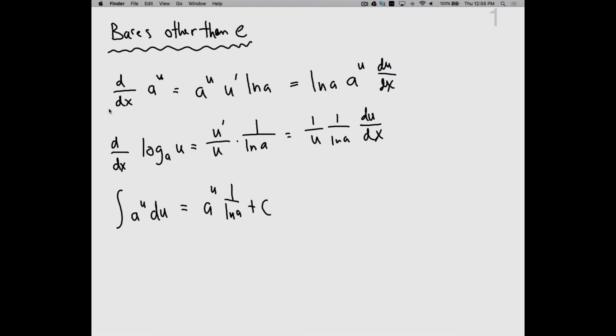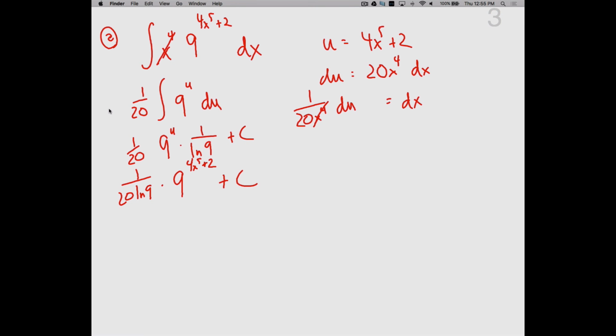Why is it not 9 over 20? Because there's 1/20 in front of the integral. Why isn't this 9 raised to the 4x to the 5th plus 2 over 20 as well? Are you saying why can't you just put the 9 to the 4x over 20? You can. Yeah, it's the same thing. It's a miracle. Yeah, 1/5 times 7 is the same thing as 7/5. It's just a matter of how you want to write it. Did I answer your question?